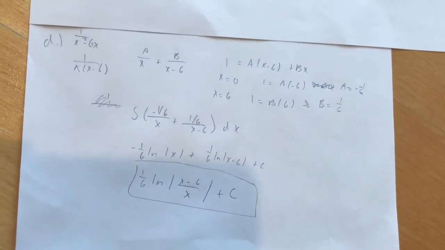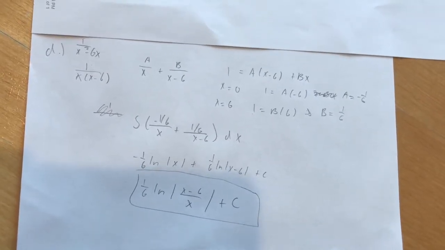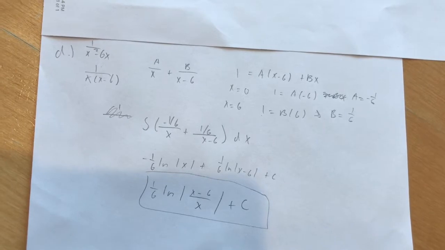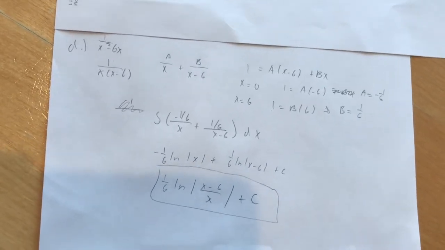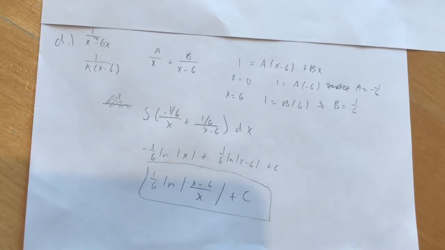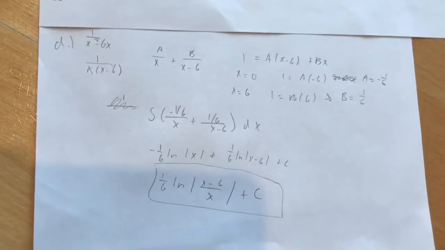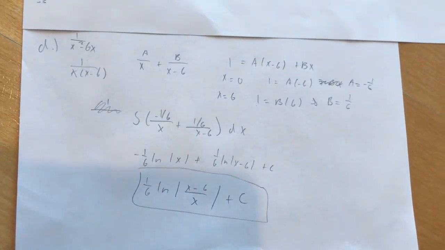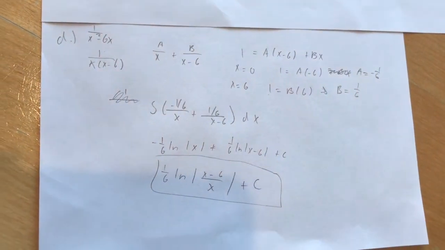So we integrate and get negative 1/6 ln of x plus 1/6 ln of x minus 6 plus c. Now we can't just leave it like this. We have to simplify it down. So we use the logarithmic rules and find 1/6 ln of (x minus 6 over x) plus c. Thank you for listening, and if you want to practice more problems, look at the description below. Thank you.